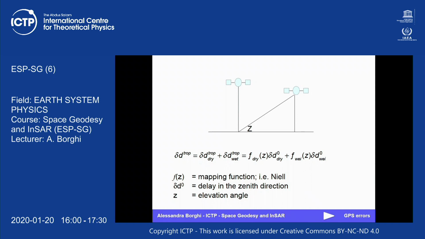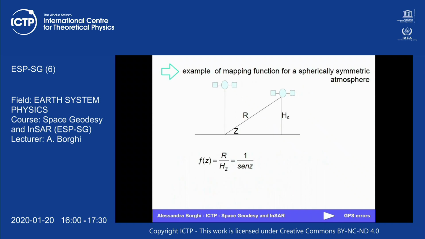So it's sufficient to know the tropospheric delay at the zenith, and using a mapping function we propagate this delay to the different elevations. You have a zenith dry delay and a zenith wet delay, and you propagate these related to the elevation of the satellite.